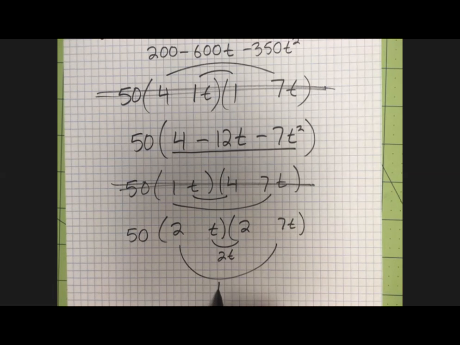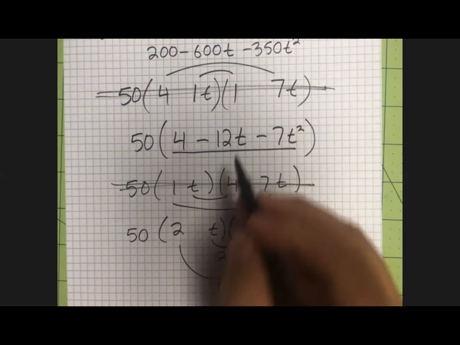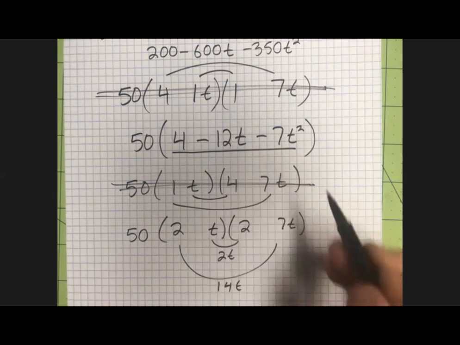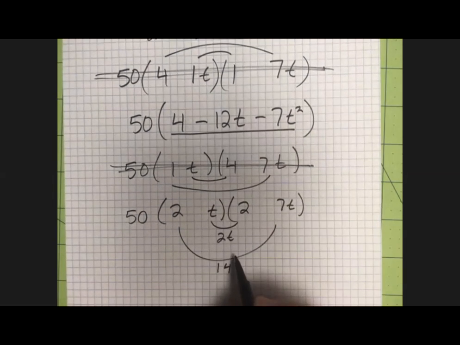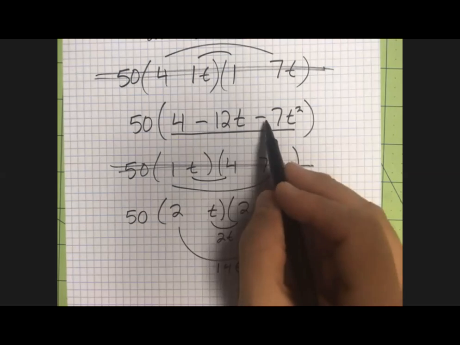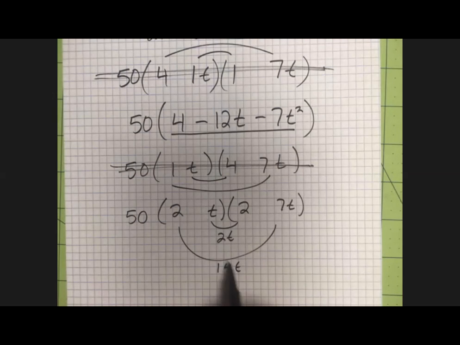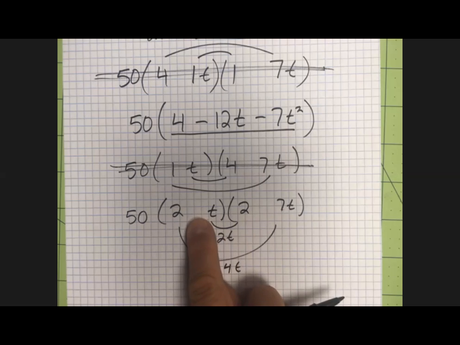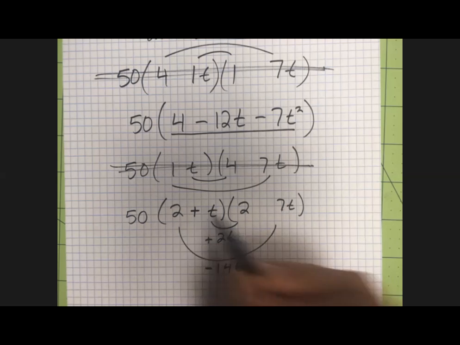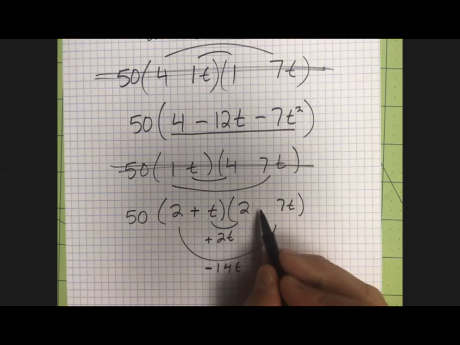Do you see that? That could be 12. But I want to have one of these people be negative, so I'm taking the difference of negative 12. I want the bigger piece to be the negative one. So how do I have to finish it? I had to put a plus sign there and a minus sign there.